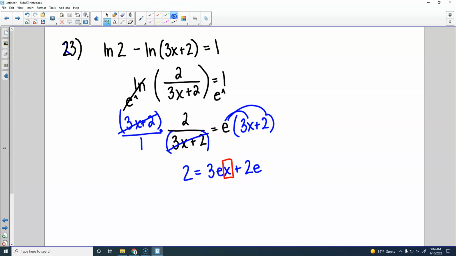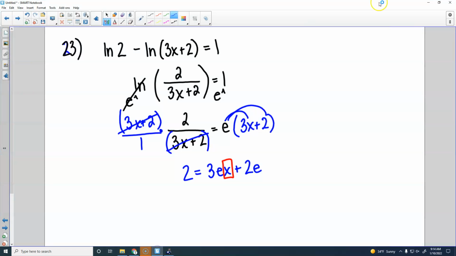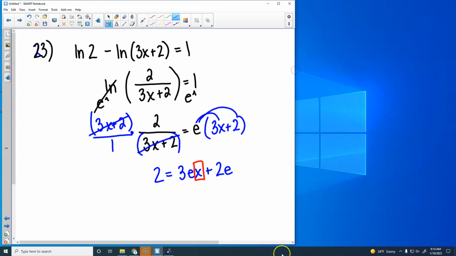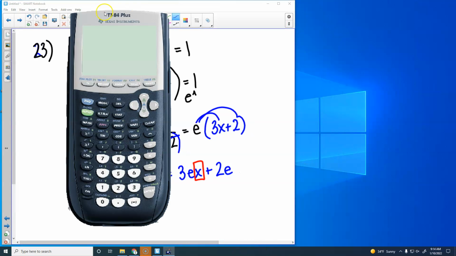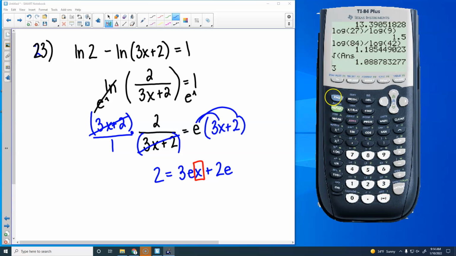Actually, I think I'm going to use the calculator first. I think the calculator might help you a little bit. So let's use the calculator here. One way that you can do this is you can just go ahead and do 3 times e, which is going to give you this.